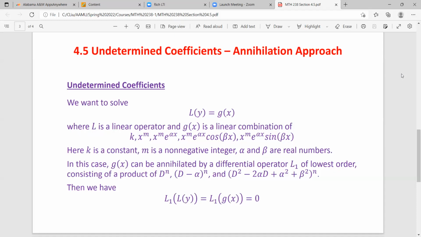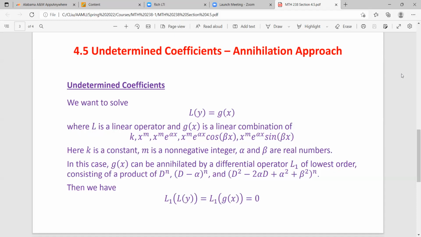You can use some combinations of those differential operators to annihilate functions in polynomial form or exponential form, or a combination of them, a product of them, or even cosine and sine functions.